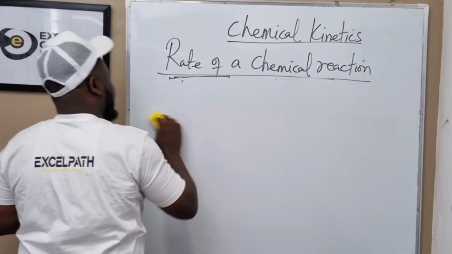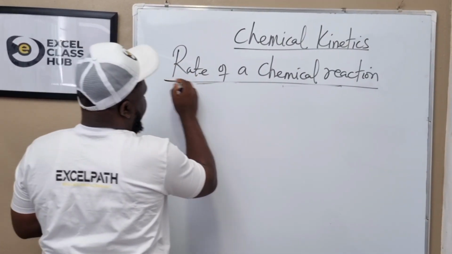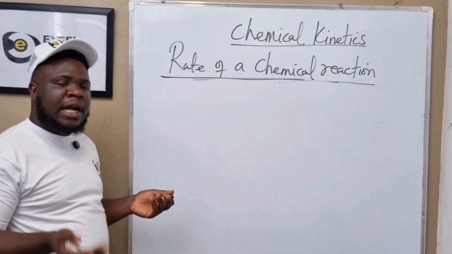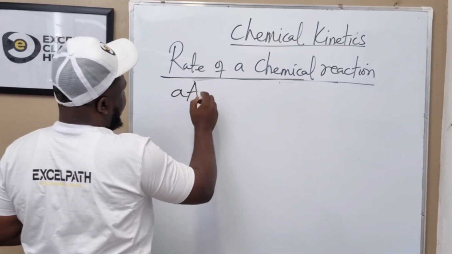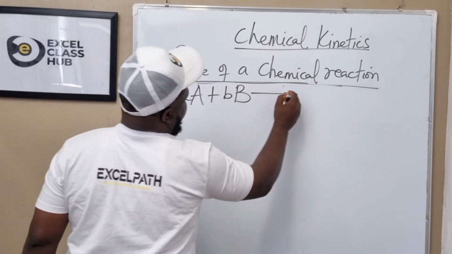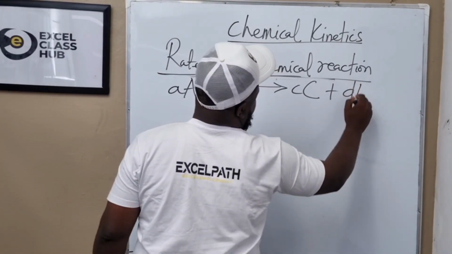Having established that, how then do we write the rate expression for a chemical reaction? Take for instance a reaction of this nature: aA plus bB to give cC plus dD.